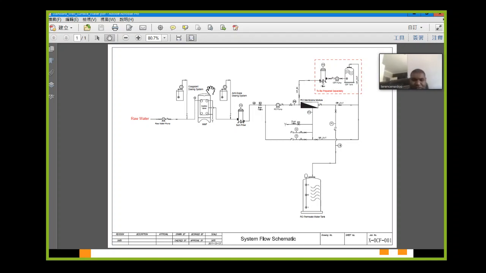It's also very effective. Coagulation might be an option depending on the turbidity level, and I put it here as optional because coagulants are not that cheap. But if you have a high turbidity or high SDI level, this is actually the cheapest way, because there's no other way to remove SDI other than using UF, and UF is way too expensive.